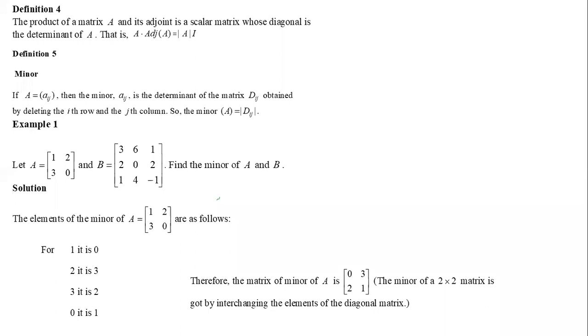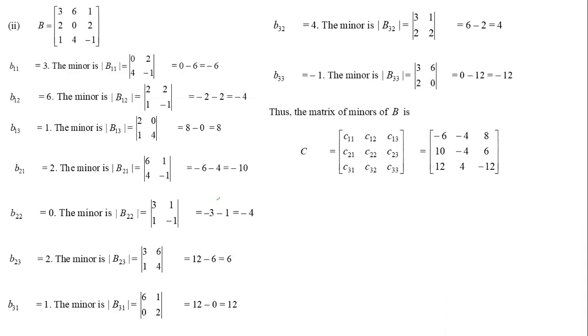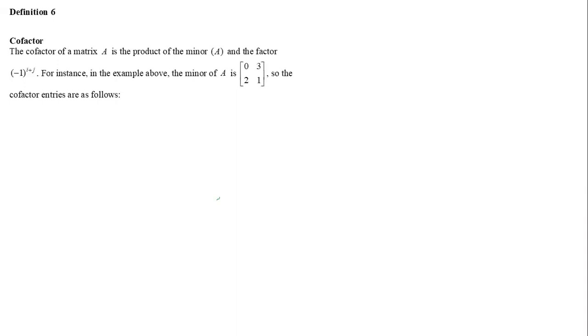Now the cofactor of A will just be plus, minus, minus, plus. At the end of the day, plus times 0 will still give me 0. I don't know if you are with me. Now, if I want to find the cofactor of this, I'm going to have plus, minus, minus, plus.